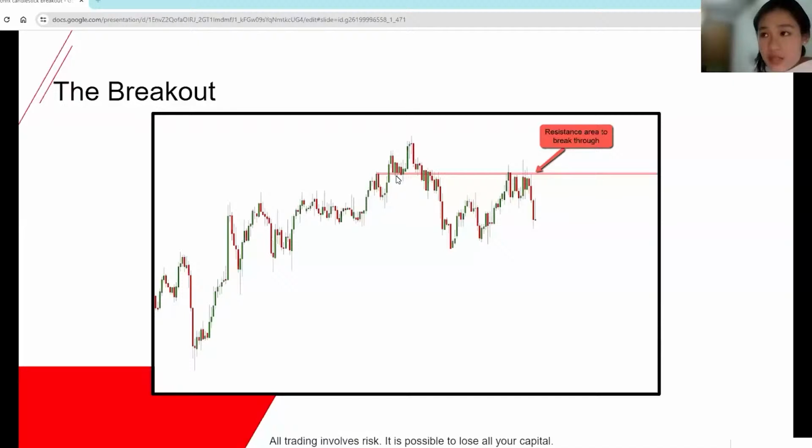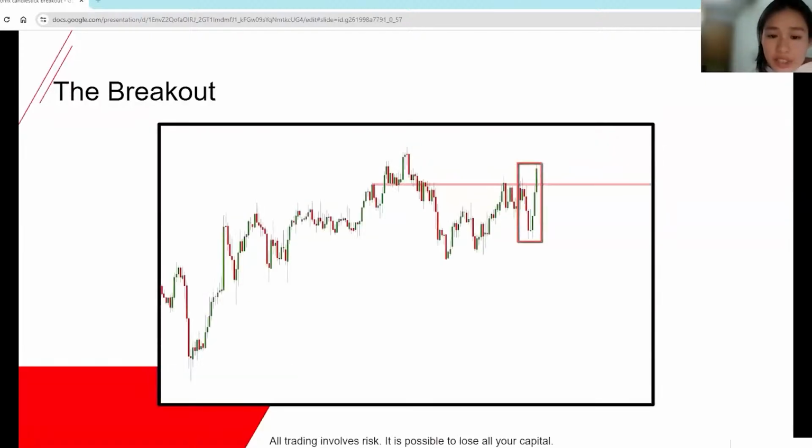An overlap resistance basically happens when there are swing highs and swing lows that respect that area. And these are important because it shows that the bulls and bears of any security's price respect that level. Okay, and here we actually see this formation again with price breaking out of that huge resistance area.